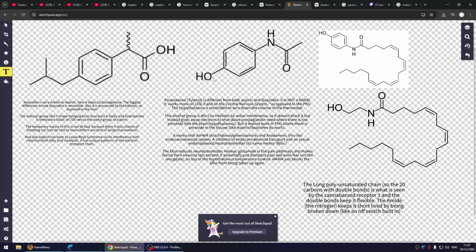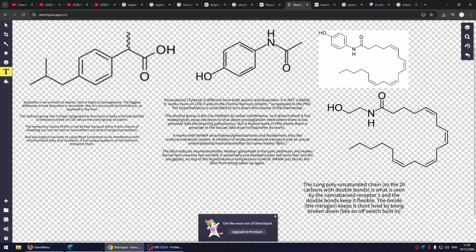This uses electron donation. You should think of electron donation to shut down prostaglandin, because where there is low peroxide in the brain and hypothalamus, there is the donation of electrons, and it doesn't see the need to make prostaglandin the way it does.